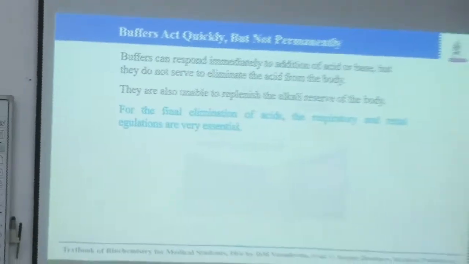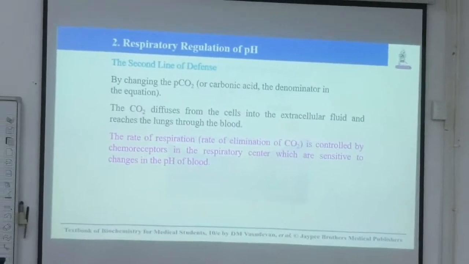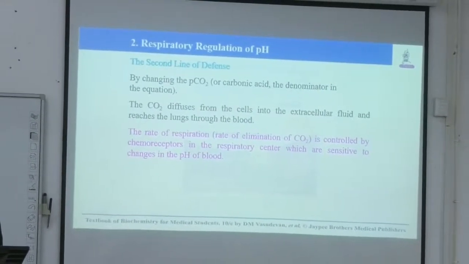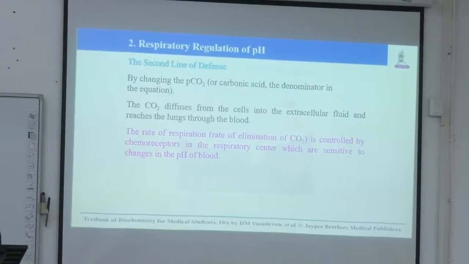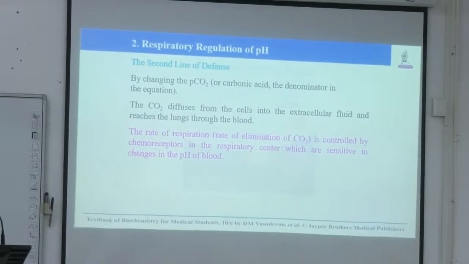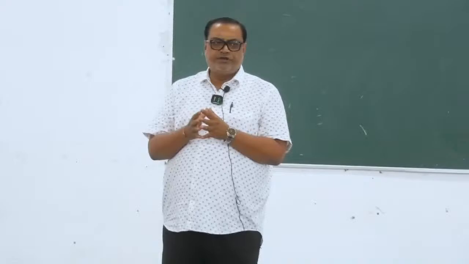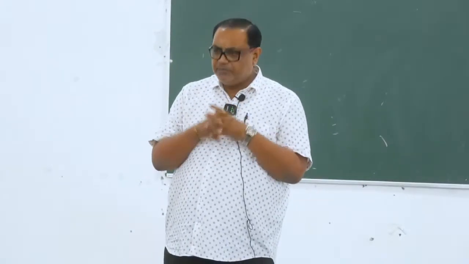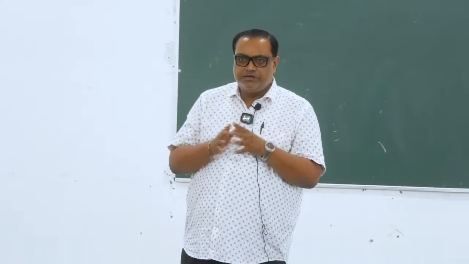Now, next comes respiratory. When any change occurs in the blood pH, the first line of defense is body buffers. When body buffer fails to rectify it, say in a condition of diabetic ketoacidosis, that means a huge amount of ketone body has been produced in the body and it is accumulating in the blood, unused ketone body, and it is causing ketoacidosis.